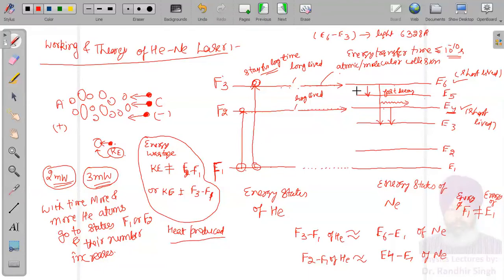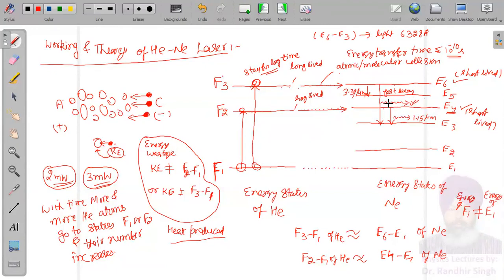Similarly, this decay produces 3.39 micrometer photons, which are not in the visible range. Similarly, this decay produces 1.15 micrometer photons, which are again not in the visible range. So in the visible range we have only this transition.